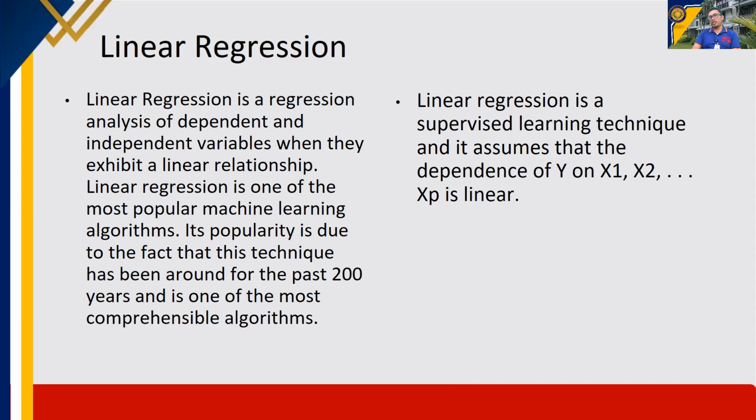Its popularity is due to the fact that this technique has been around for the past 200 years. It's very long, no? And it is one of the most comprehensible algorithms. Linear regression is a supervised learning technique, and it assumes that the dependence of y on x1, x2, and so on until xp is linear.